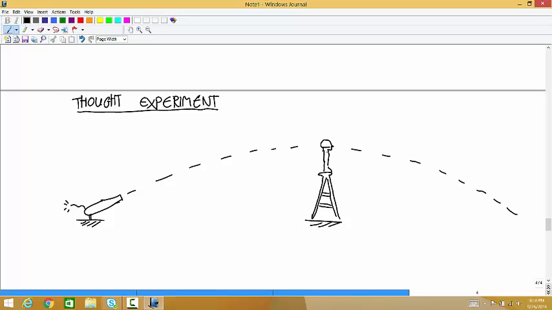So if your hypothesis is correct that the velocity is going to be 0 when it reaches your head, then that ball is going to just gently nuzzle up against your head with no speed, just perfectly at rest. It's going to be a really pleasant experience.